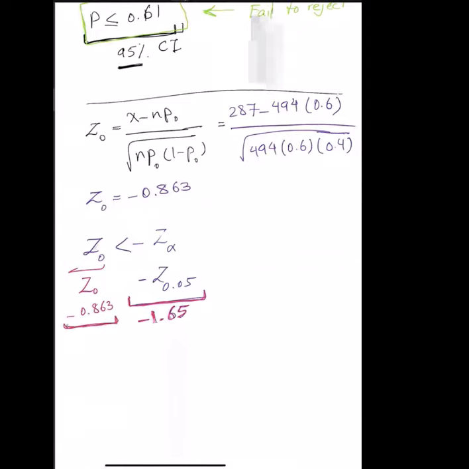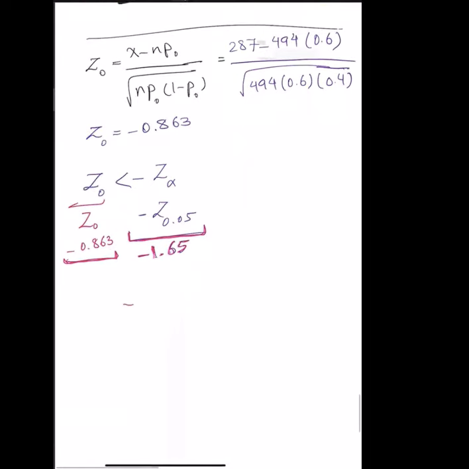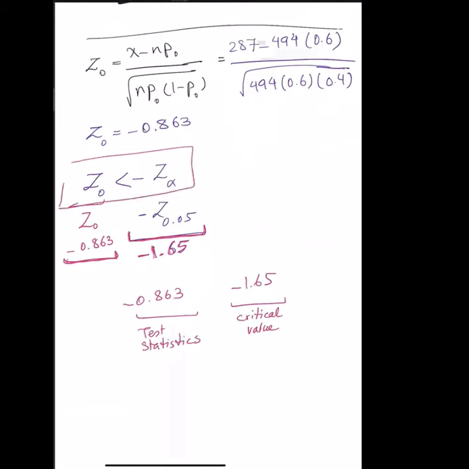What is the relation between the test statistic and the critical value? Fail to reject, because it's not in the rejection region. Exactly. We reject if Z naught is less than the critical value.